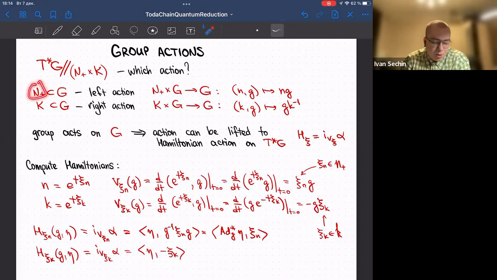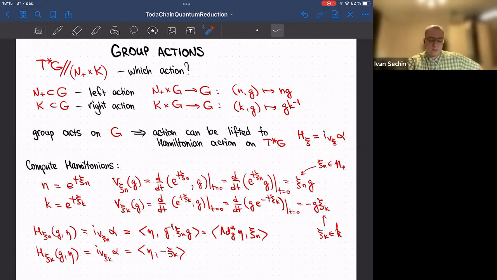Well, we described the action of N plus and K on G, and the general scheme in Hamiltonian reduction says that if we have an action on our base, then we can lift this action in a Hamiltonian way to the coadjoint bundle. The Hamiltonian of the action is just a pairing between alpha, the canonical one-form, and V_xi, which is the vector field associated with this action.